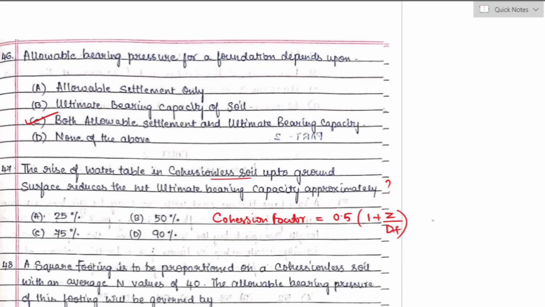For a cohesionless soil, vertical depth Z will be 0, so the reduction factor will be 0.5 into (1 plus 0 by depth of footing). So it will be around 50% reduction. The correct answer will be option B, 50%.